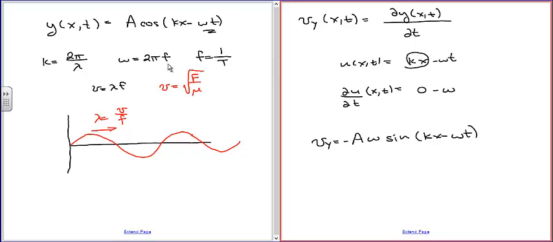Actually, the derivative of the cosine is negative sine, so there's two negatives here, and ultimately it ends up being positive, so it just becomes A omega sine of kx minus omega t. So that's the velocity in the y direction.